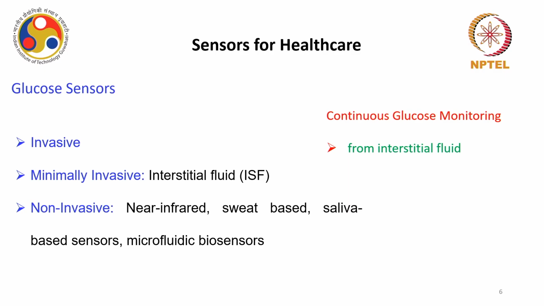And then you have the minimally invasive glucose sensor, which is based on interstitial fluid. You do not need blood, but you just have to pinch your skin and go to the interstitial fluid. This interstitial fluid can be helpful in continuous glucose monitoring as well.